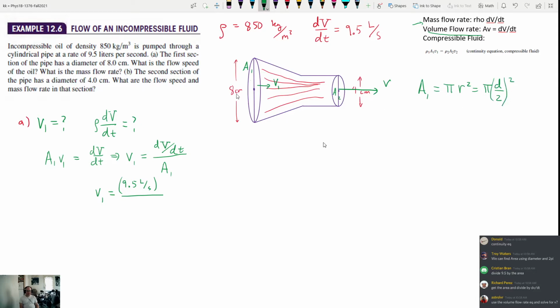We're given the diameter, which is 8, so our area is going to be pi times 0.04 meters squared. We're doing half of the diameter here for the area. Now, can I just go ahead and calculate it from this, or do I need to do anything else?